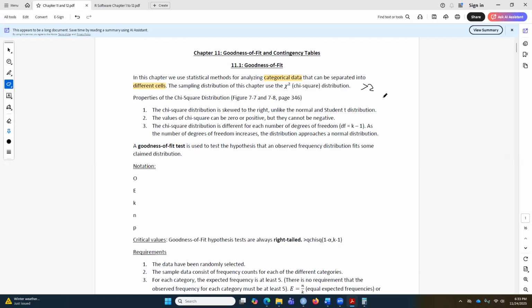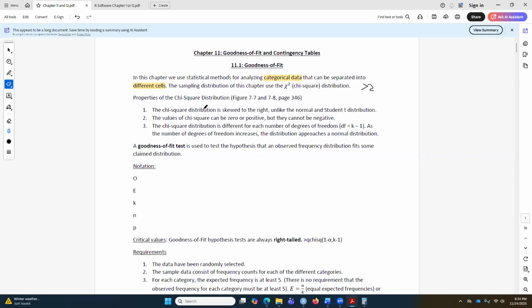We did one categorical variable, or one proportion, in chapters 7 and 8, and then two proportions for categorical data in chapter 9. So what happens if you have three or more categories in the same proportion? We will be doing this in section 11.1.